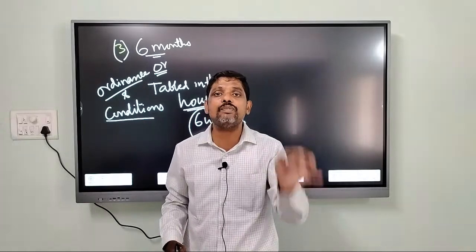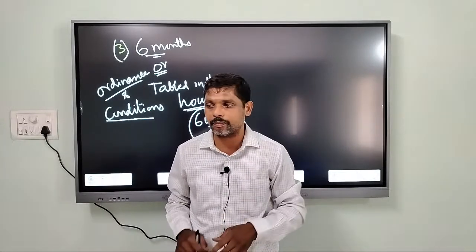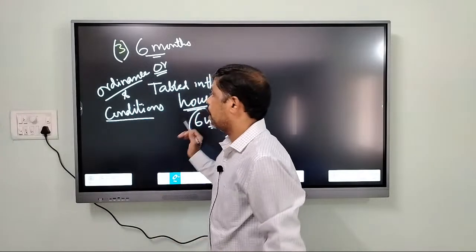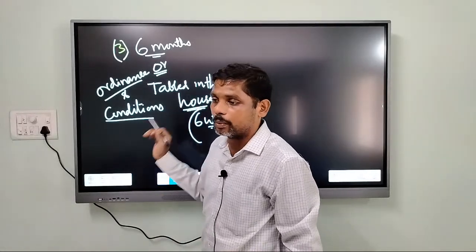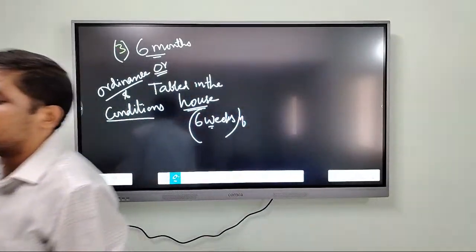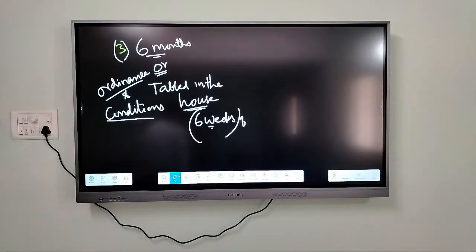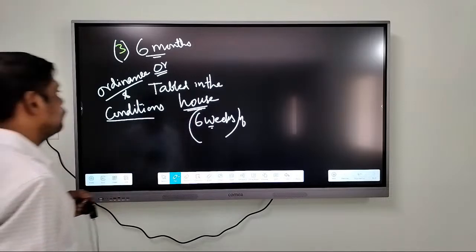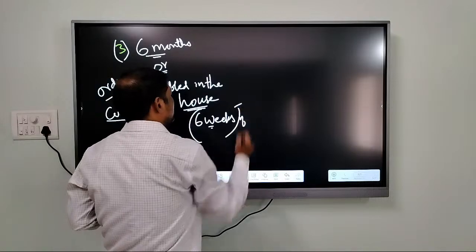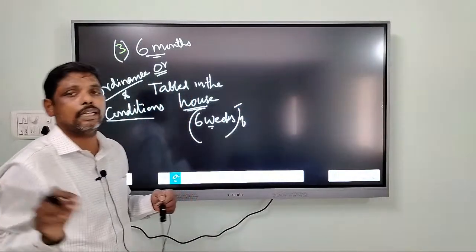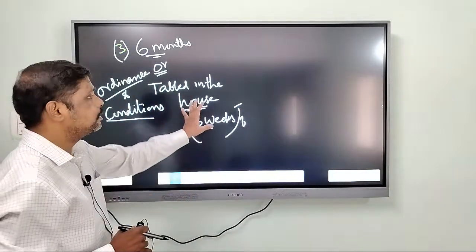This ordinance will cease to have an effect. అర్థమవుతుందా? సో 6 వారాల లోపు దాన్ని పాస్ చేయకపోతే ఆర్డినెన్స్కి ఎలాంటి ఎఫెక్ట్ ఉండదు. The ordinance will not have effect after the expiry of 6 weeks. Alright, so this is what you should remember.